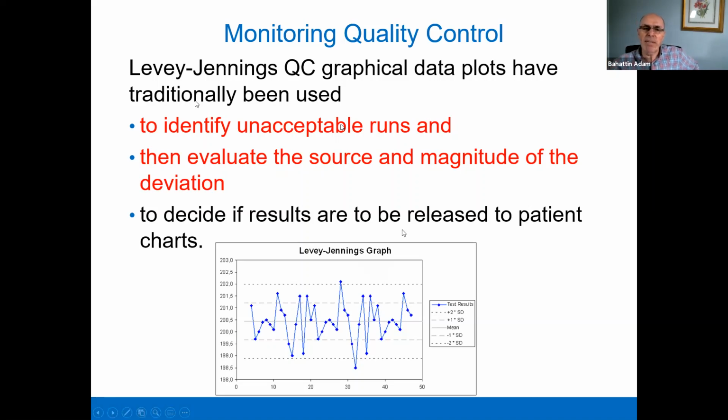Okay, the Levey-Jennings QC graphical data plots have traditionally been used to identify unacceptable runs, then evaluate the source and magnitude of the deviation, and to decide if the results are to be released to the patient's charts or not.